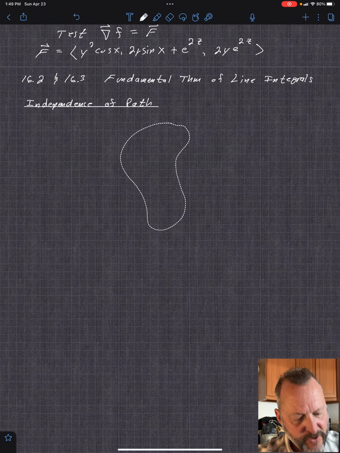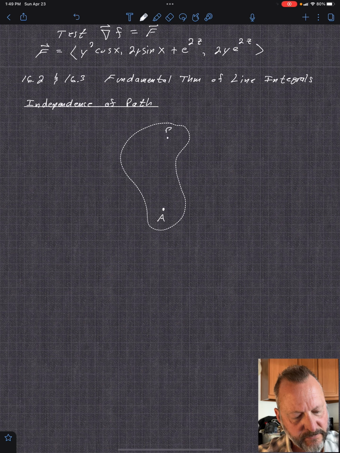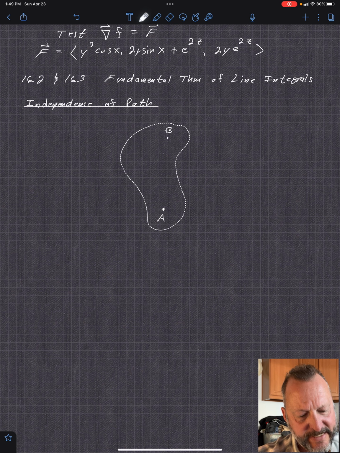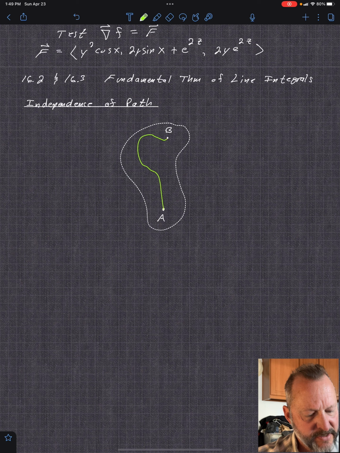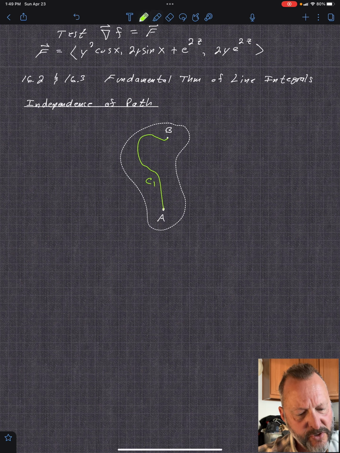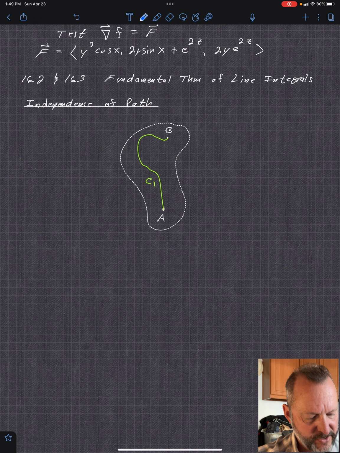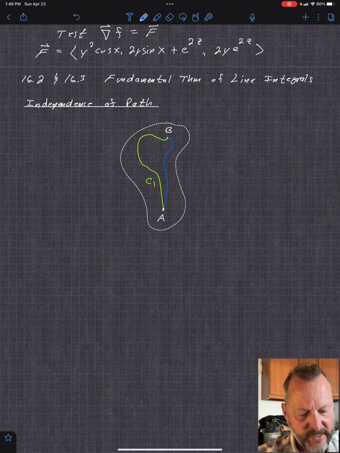You are going from point A to point B. The idea is that it doesn't matter the path you take to get from A to B. We'll call that C1, and we'll do another one like that.